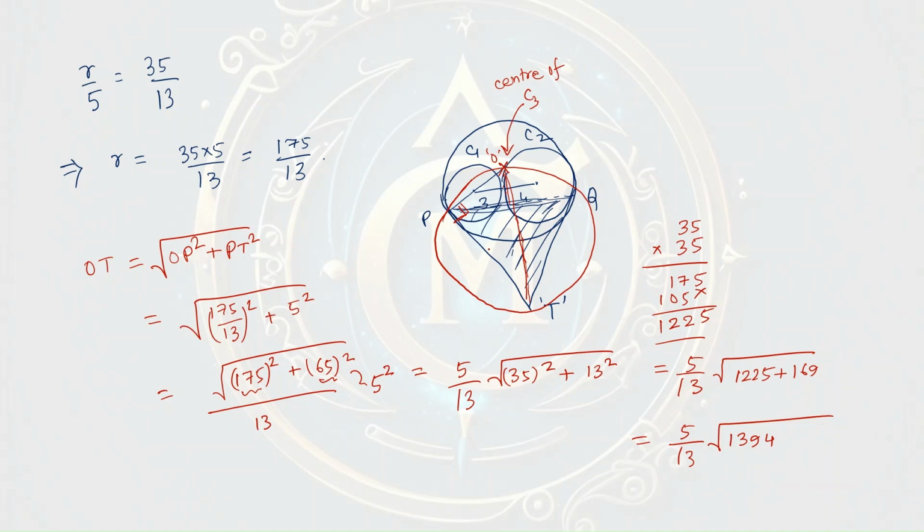So this is the diameter of the circumcircle. So if we calculate the radius of circumcircle, which is the circumradius, it will be half of this value. That means 5 by 26 root under 1394.